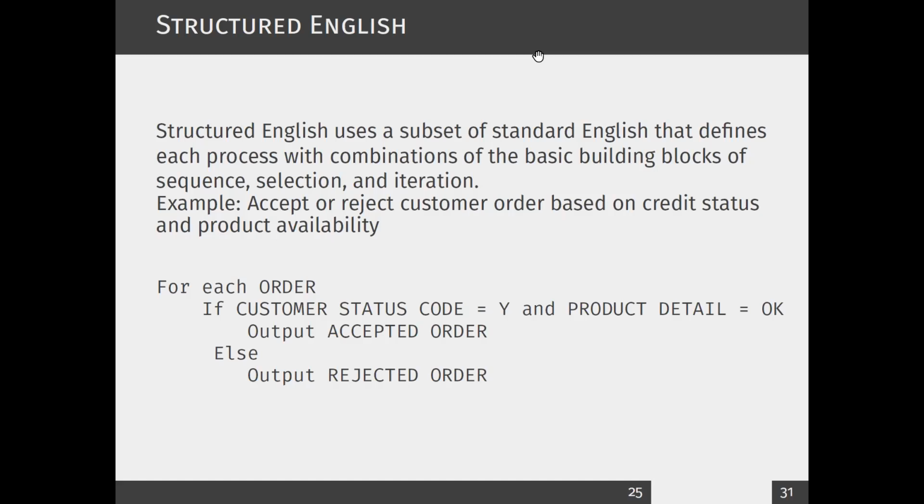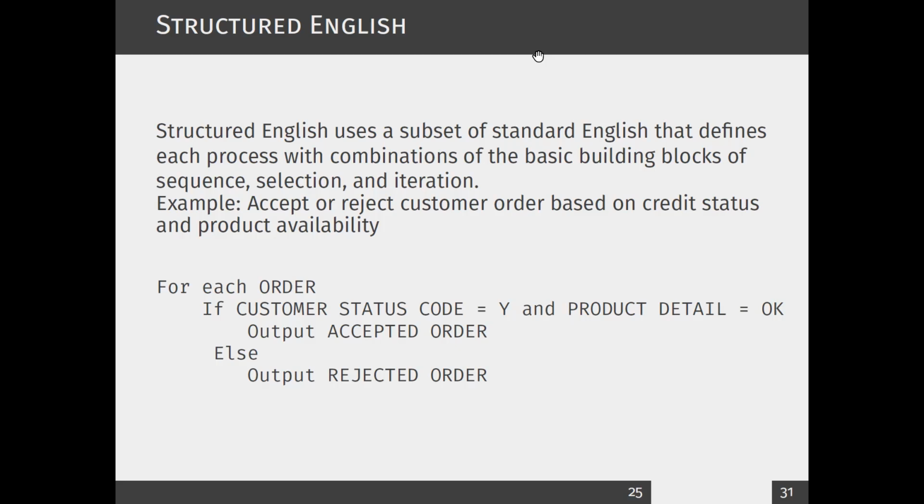Now let's take an example to explain this. Let's say we are going to decide on a customer order based on their credit status and also the product availability. Which means the credit status should be good. We can say yes.